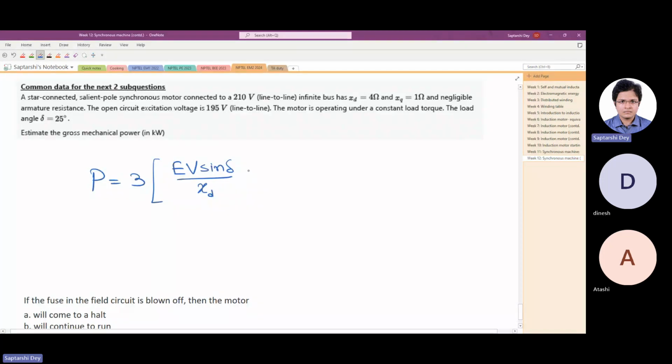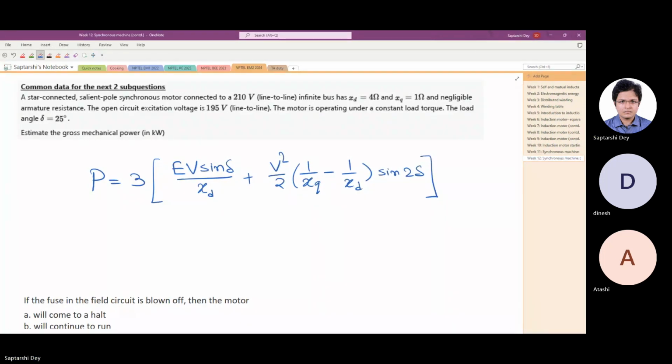Another component comes due to reluctance: the power is this, 1 by Xq minus 1 by Xd, times sine 2 delta. This comes from the two reaction theory of the salient pole synchronous machine.